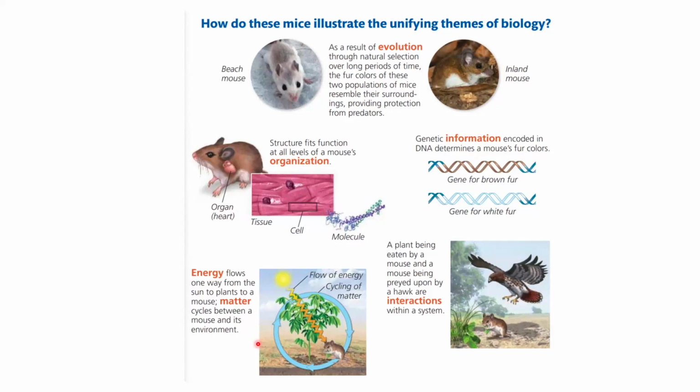And we as humans use oxygen as part of our metabolism, and we inhale oxygen, we exhale carbon dioxide, and the plants use the carbon dioxide that we exhale. So we are highly dependent on each other.